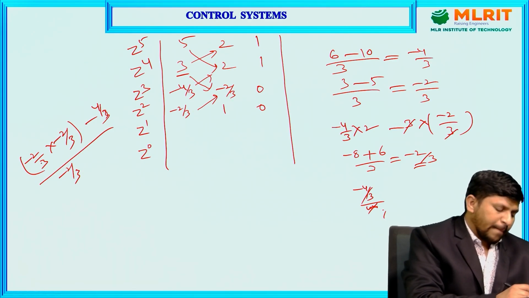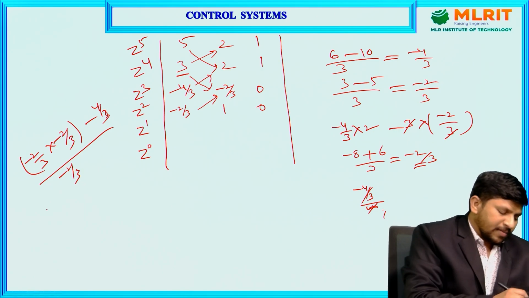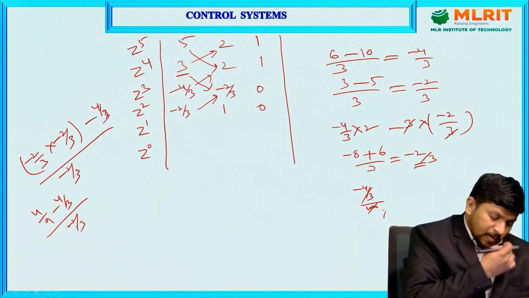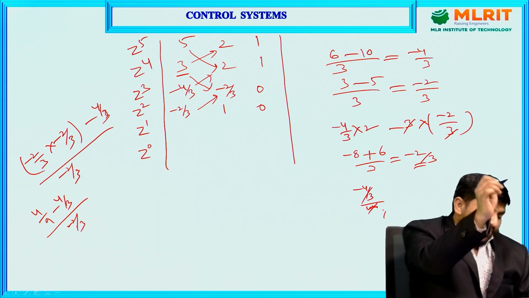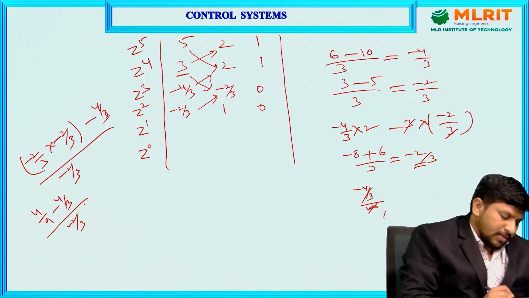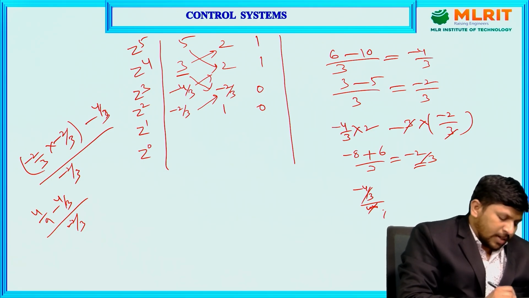See here, minus 2 plus 4 by 9. 4 by 9 minus 4 by 3 minus 2 by 3. So here take the LCM.